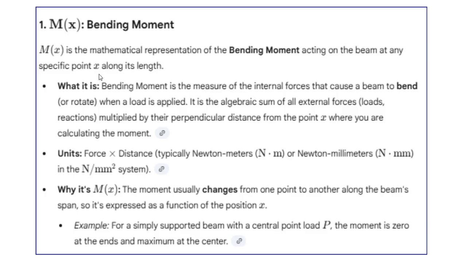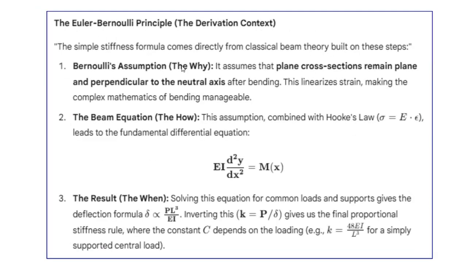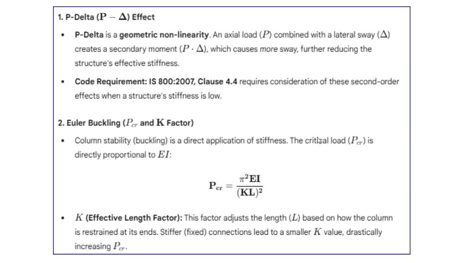So at a distance of x, the bending moment is Mx, which must be balanced by the EI d square y by dx square, with the material property, the stiffness of the material.